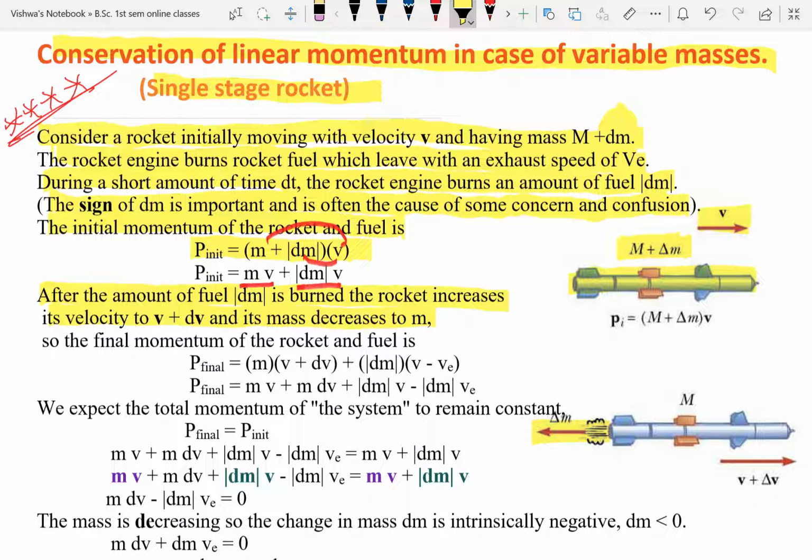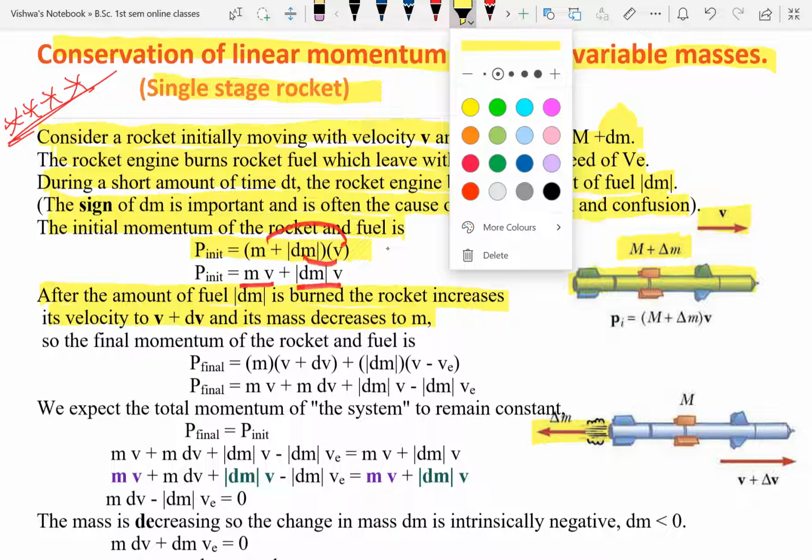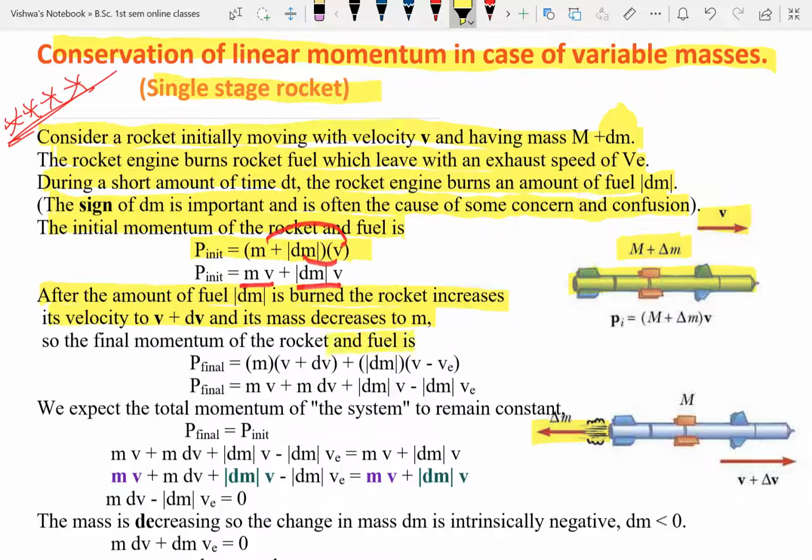Now I am going to write an equation for the final momentum of the rocket and the fuel. P final equals m into (v plus dv) plus dm into (v minus ve). Here the remaining mass is m, and the velocity when it has mass m is v plus dv.